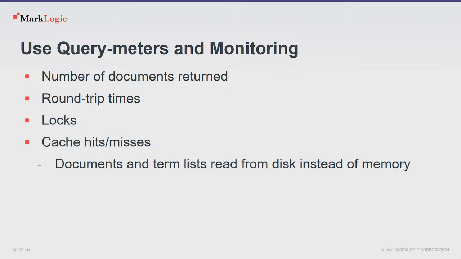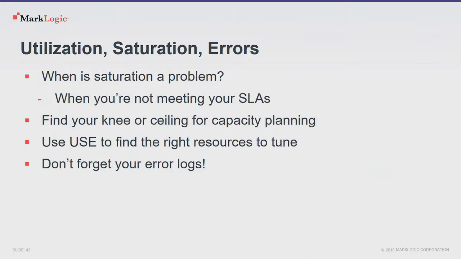Also, use query meters, as Clip was showing us earlier, checking to make sure that the number of documents being returned is what you expected. Check your round trip times as well to make sure that there's not a slow node, locks, and cache hits and misses. Going back to our USE methodology, when is saturation a problem? The only time it's a problem is when you're not meeting your SLAs.